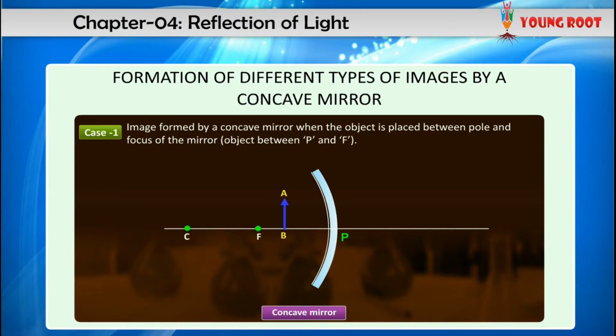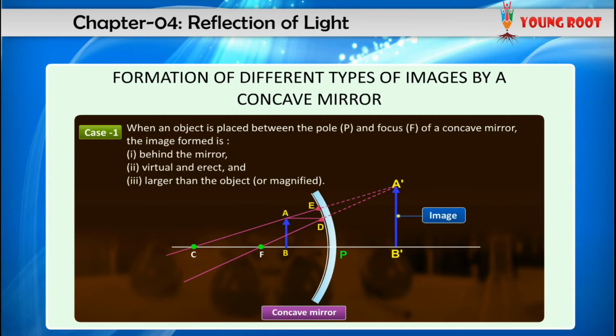To find out the position and nature of the image, starting from A, we draw a ray AD parallel to the axis. This ray gets reflected at D and then passes through the focus F. A second ray of light AE passing through the center of curvature C strikes the mirror normally or perpendicularly at point E and gets reflected back along the same path.